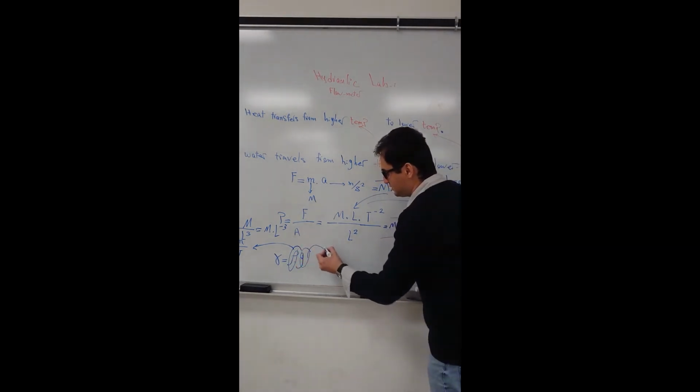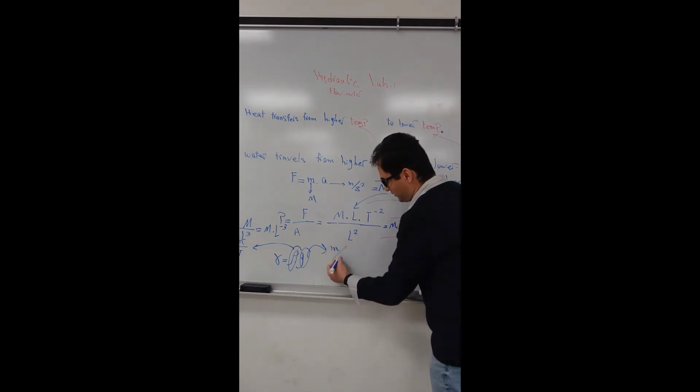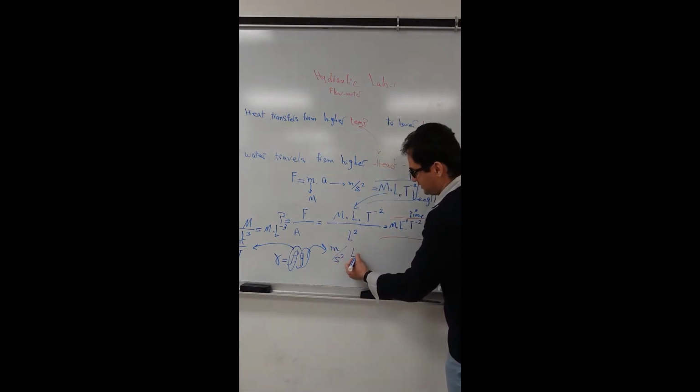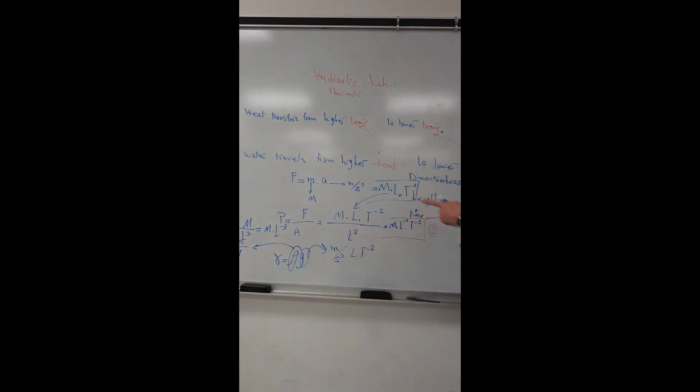And g is in terms of, again, meter over square seconds, so it's L times T to the negative 2. If we have them together in terms of dimensional analysis, it's M L to the negative 3 times L times T to the negative 2. So it would be M L to the minus 2 times T to the minus 2. I call this equation 2.